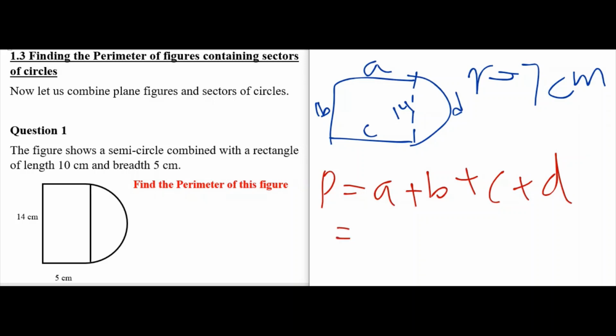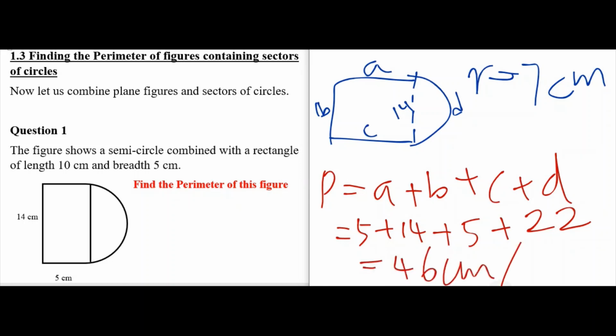So a we know is 5, b we know is 14, c is 5, d we calculated as 22, right? 5 plus 5 is 10, 10 plus 14 is 24, 24 plus 22 is 46. So the perimeter of this given figure is 46 centimeters.